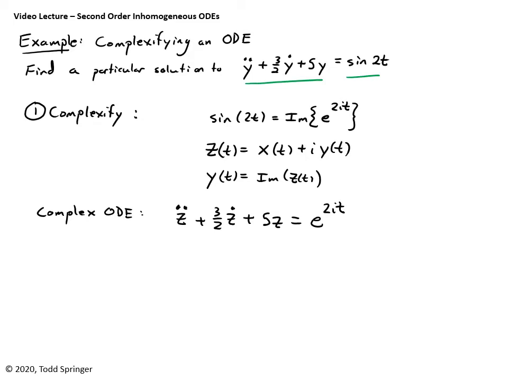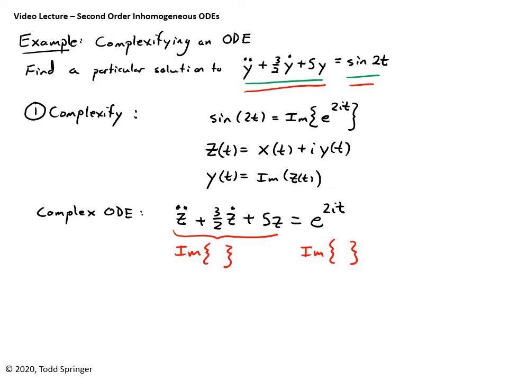If I take the imaginary part of this side, I get y double dot plus 3/2 y dot plus 5y. And if I take the imaginary part of this side, I get sine of 2t.